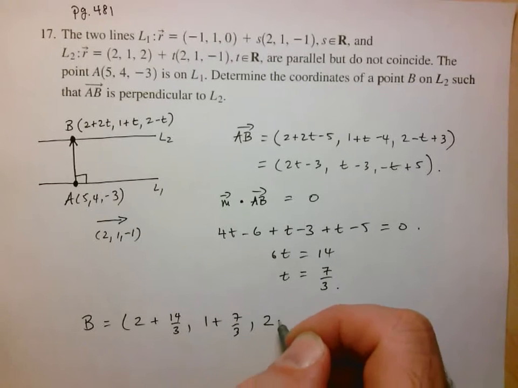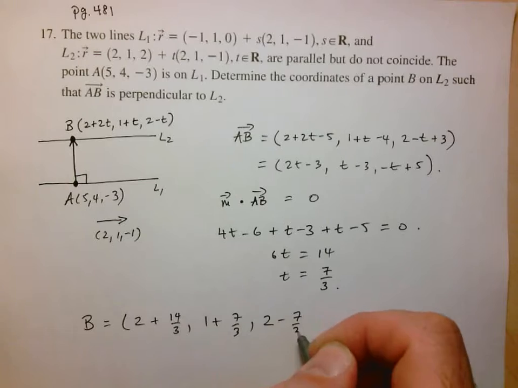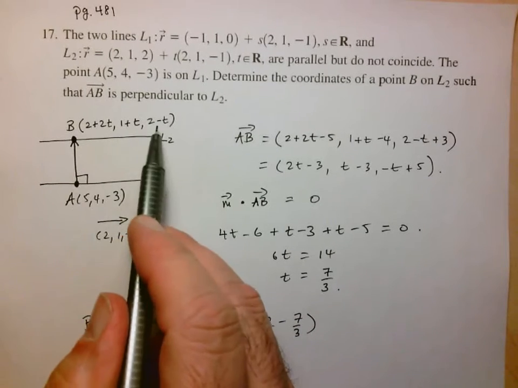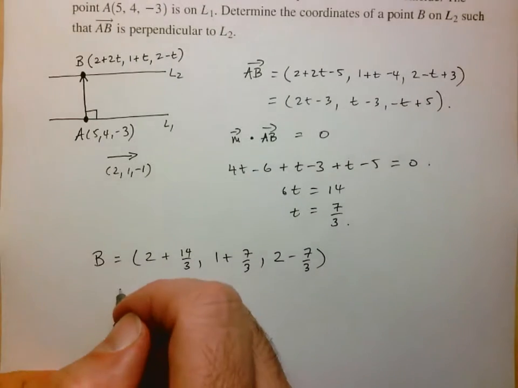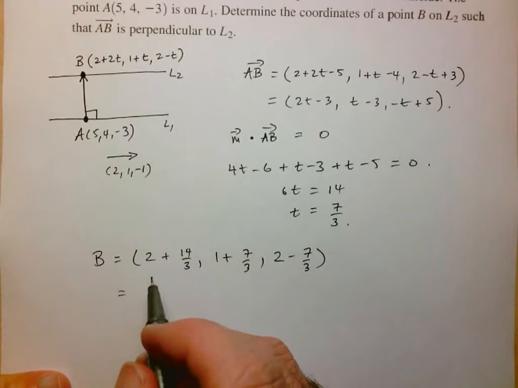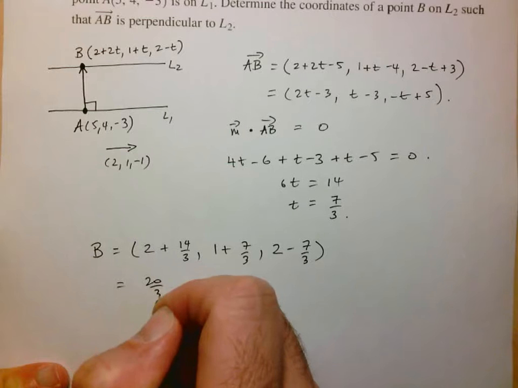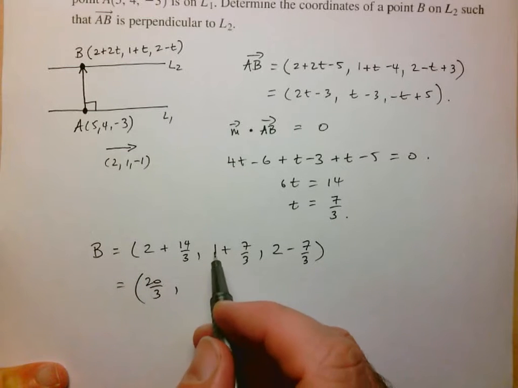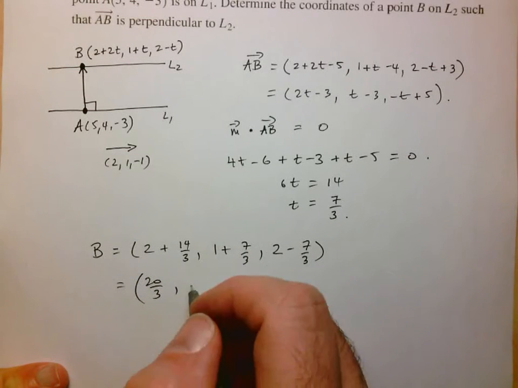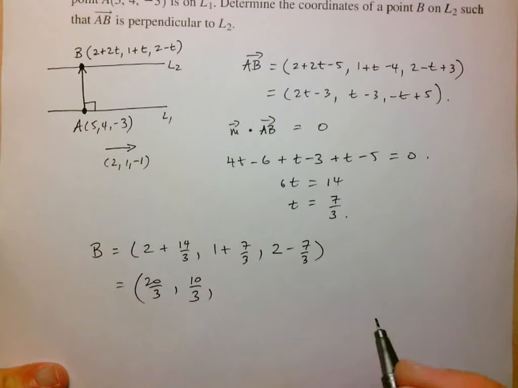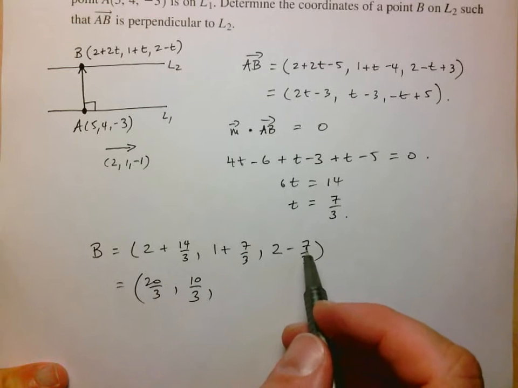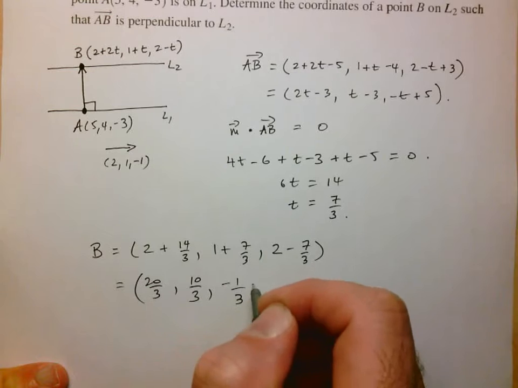And then 2 minus 7 over 3, again taken from the expression for point B. Now we'll clean this up. This will be 6 over 3 plus 14 over 3, so that's 20 over 3. Here we've got 3 over 3 plus 7 over 3, so that's 10 over 3. And here we've got 6 minus 7, so negative 1 over 3.